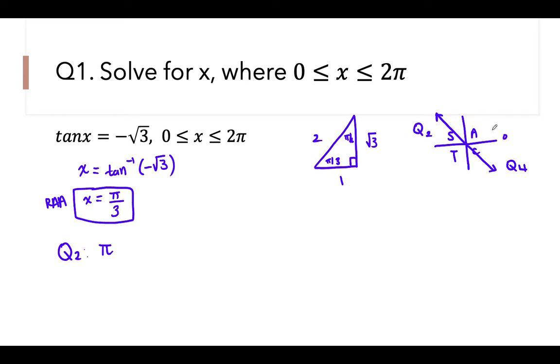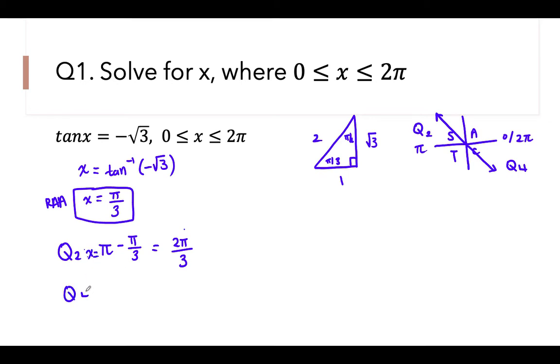Remember, if we're using related acute, the angle that we're referencing is always the x-axis, which is 0, pi, or 2 pi. So it's going to be pi minus pi over 3, which will equal, make the same denominator, you will get 2 pi over 3. So this will be one of the answers for x.